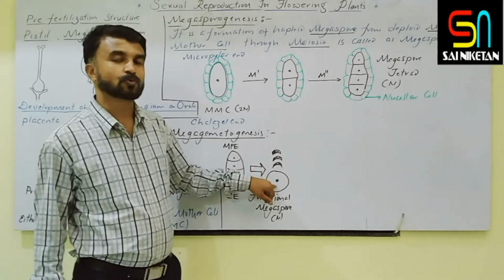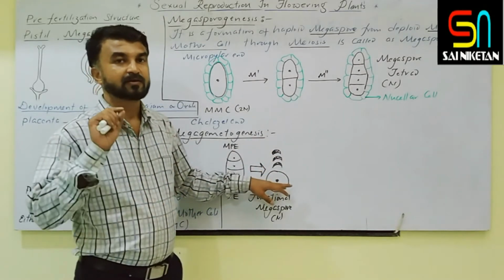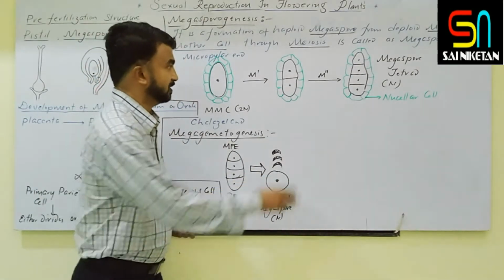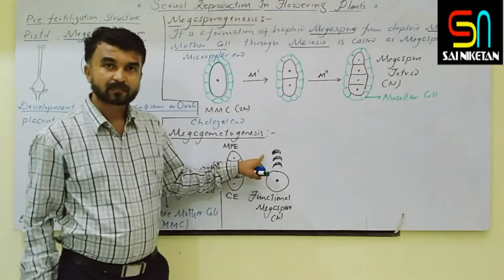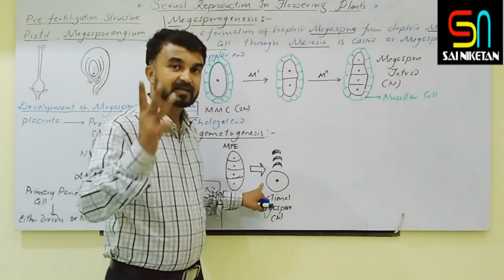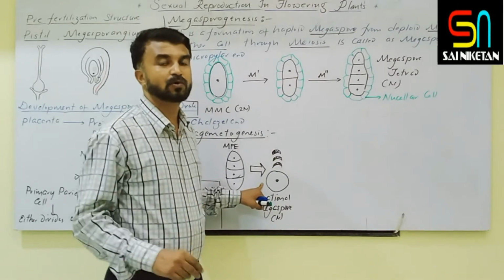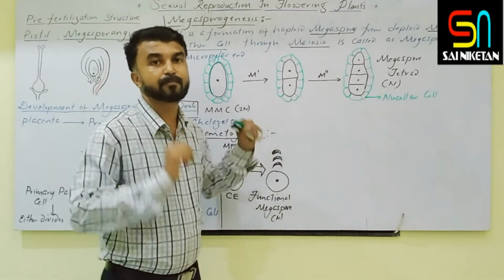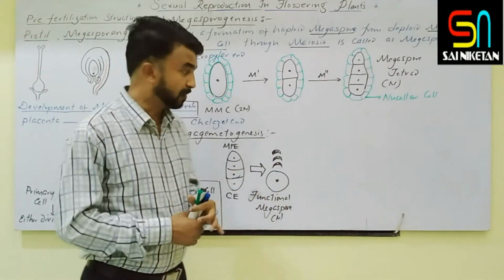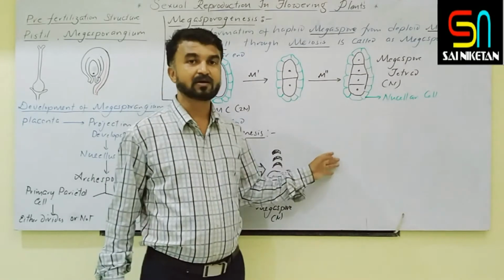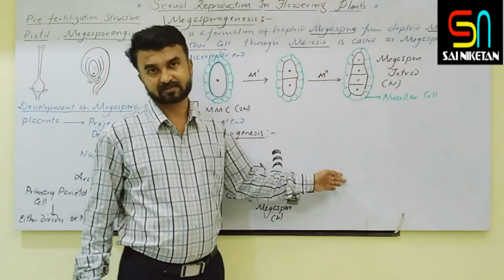Only 1 megaspore present toward the chalazal end becomes functional. These are the 2 meiotic divisions. Next, this functional megaspore undergoes 3 successive free nuclear mitotic divisions and produces the 8 nucleate embryo sac.